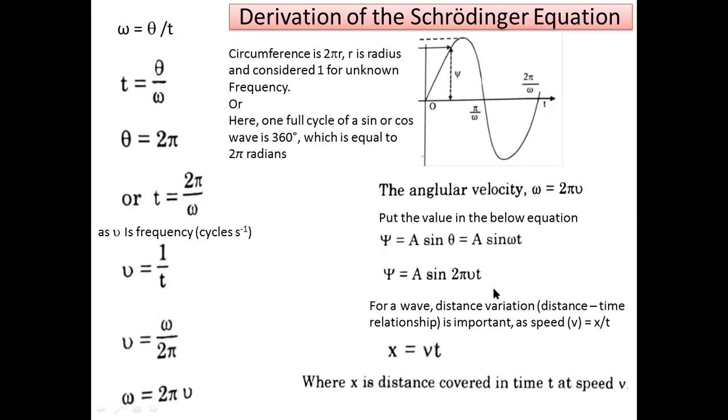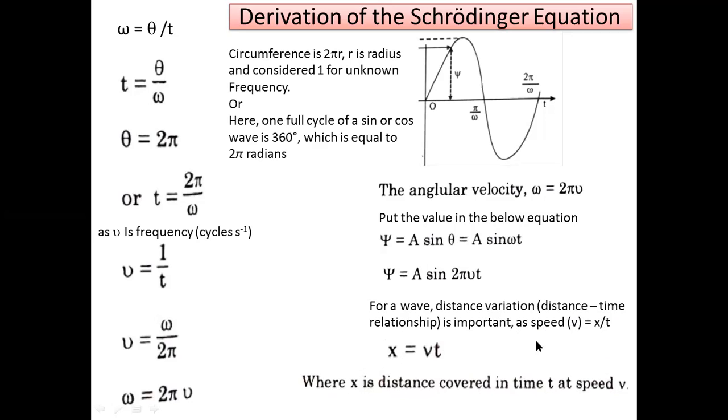I am replacing the time by using another factor, for the wave distance variation, that means the distance time relationship. The speed will be x over t. Speed is the distance traveled in unit time, and if you want to calculate x, then x will be vt, where x is the distance covered in time t at speed v.